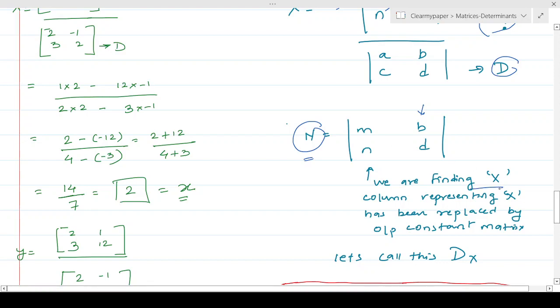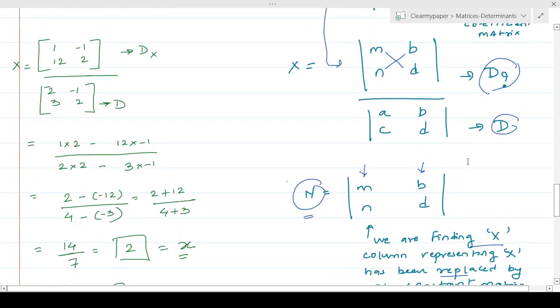For doing that, what I've done is I've removed the coefficients of x, which are a and c, and I've replaced them by the data elements in the constant matrix, which are m and n, right? And this works perfectly fine, because that helps me compute the value of x.